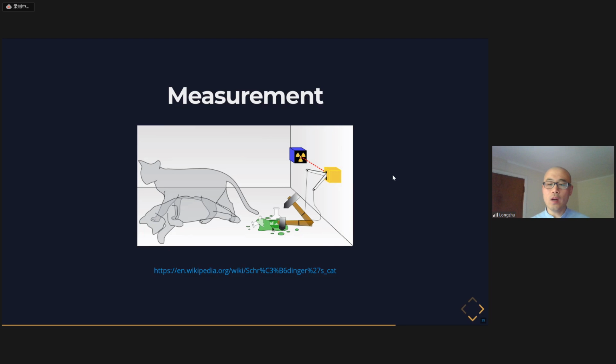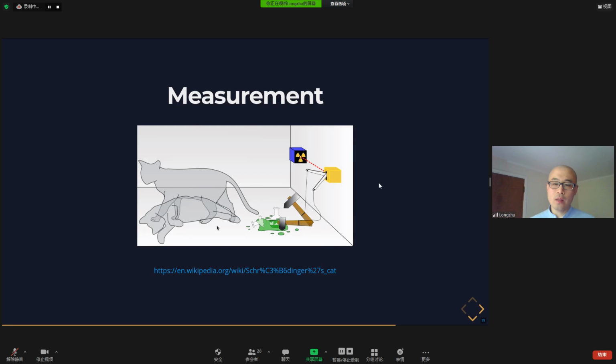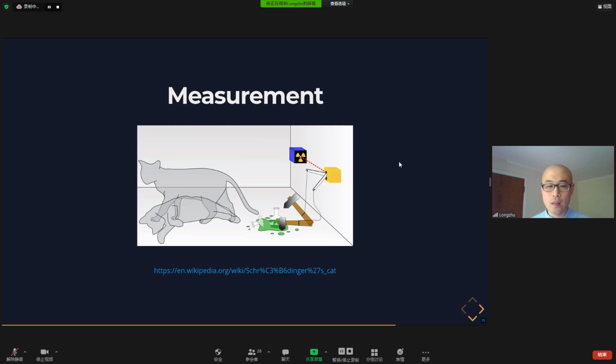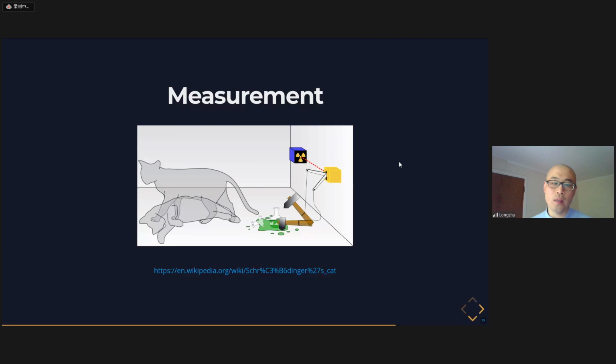If the signal is passed here, the lever will act, use a hammer to hit the flask, and the gas will come out, and the cat will die. If the particle is not released, of course, the cat will be happily living in the box. And then this dilemma comes: before you open the box, you actually don't know the life status of this cat. Based on the quantum mechanics setup, it's going to be a superposition of both life and death, which is pretty much incomprehensible.